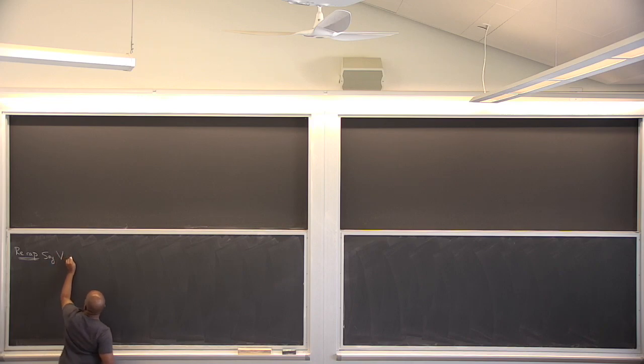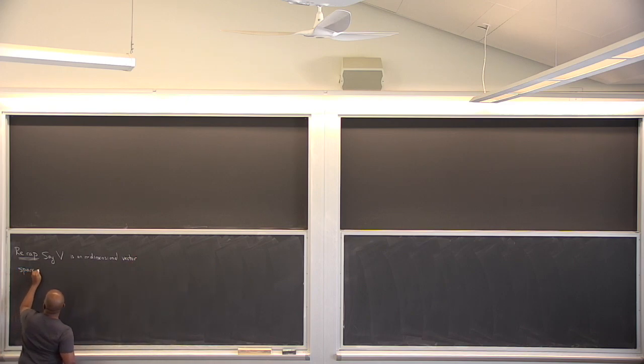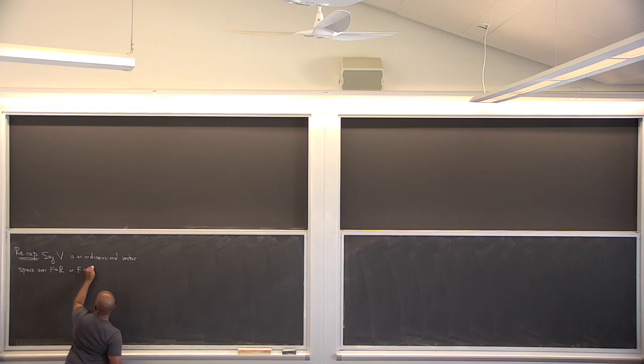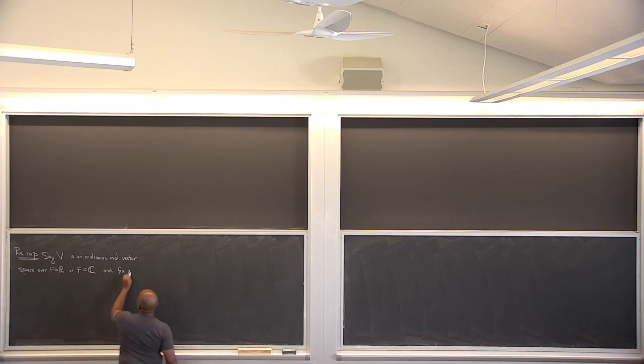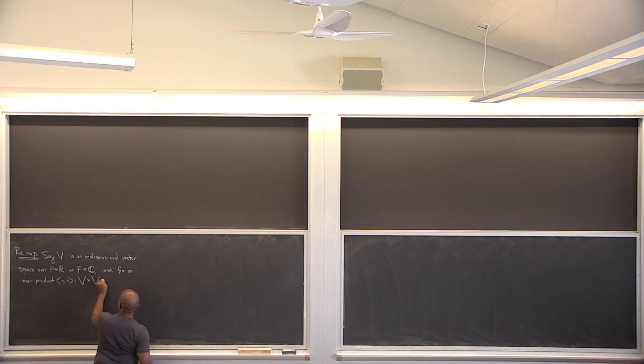Let's say that V is an n-dimensional vector space, either over the real numbers or over the complex numbers, and let's fix an inner product, which we'll denote using these angle brackets. So I'm going to state three things here.